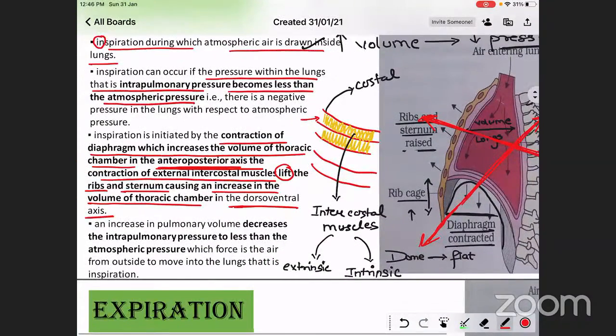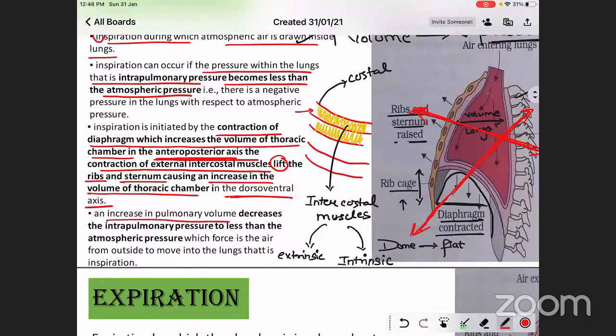The increase in pulmonary volume will decrease the intrapulmonary pressure, as we have already talked about. If the pressure decreases below atmospheric pressure, air from outside, from the environment, will move into the lungs, and that is what we call inspiration. So this is all about inspiration.